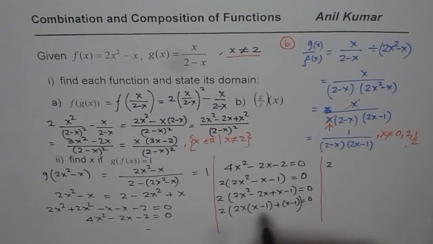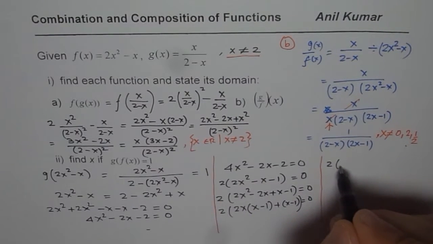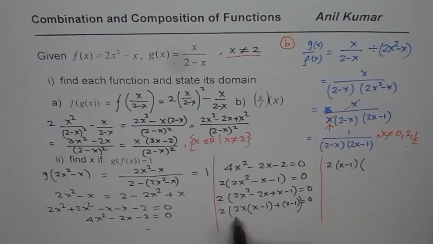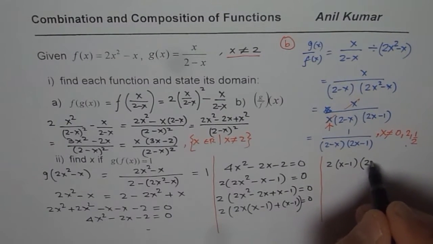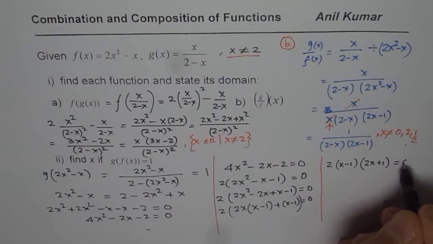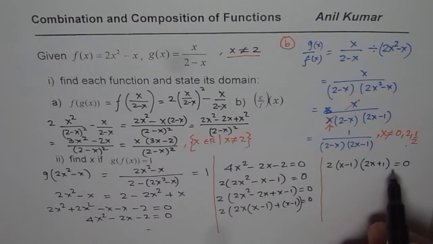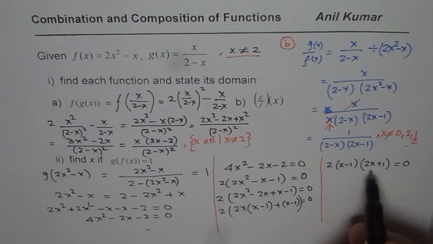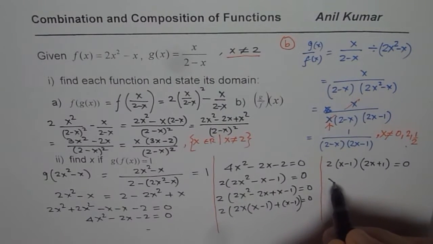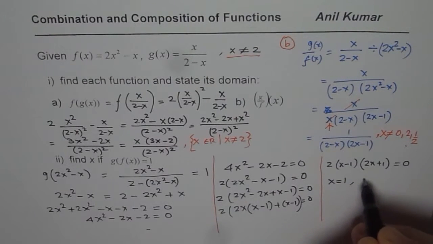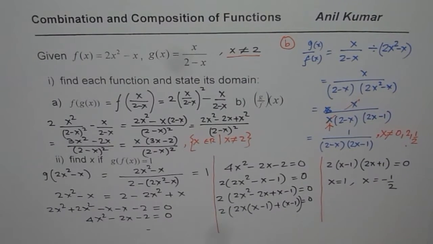So we have (x minus 1) as a common factor times (2x plus 1) equals 0. Now that gives us 2 solutions. This function can be 0 for x equals 1, or we equate 2x plus 1 equals 0, or for x equals minus half.